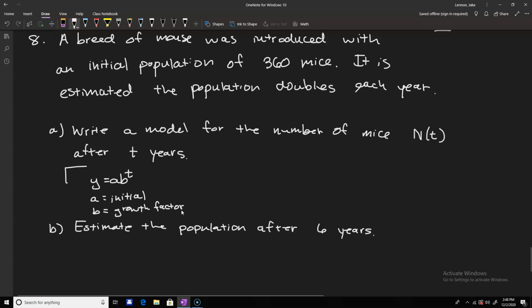So that's all the information you really need right there. The initial population is 360, and if it's doubling, the growth factor is 2. So that tells us that N of t should just be 360 times 2 to the t power. And that's it.